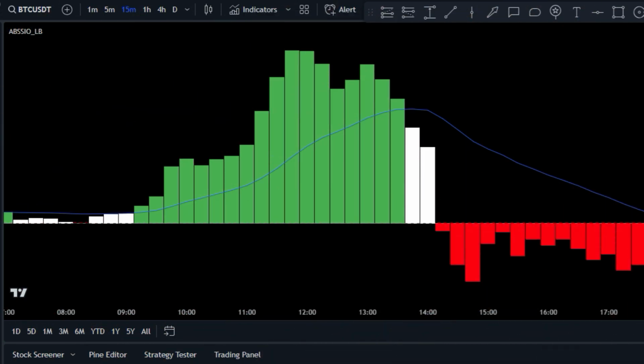Let's see how this oscillator helps us distinguish between strong and weak signals.